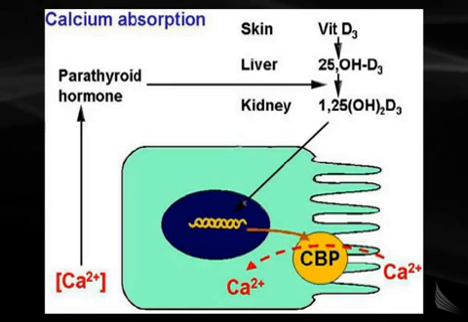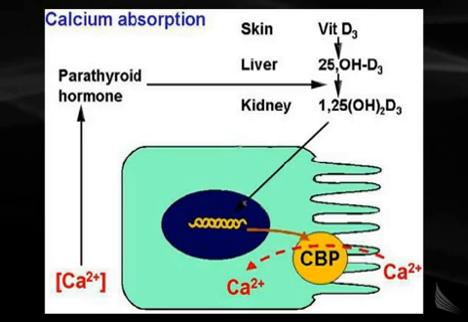So this diagram just shows you an overview of what happens with calcium absorption. Vitamin D3 undergoes 25-hydroxylation in the liver, and then 1-hydroxylation in the kidney to form 1,25-dihydroxycholecalciferol. This then promotes in the small intestine the synthesis of calbindin D protein or calcium binding protein, which promotes absorption of calcium.